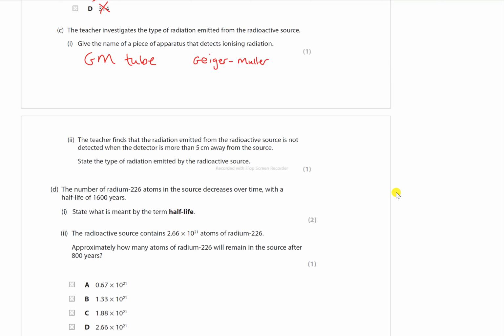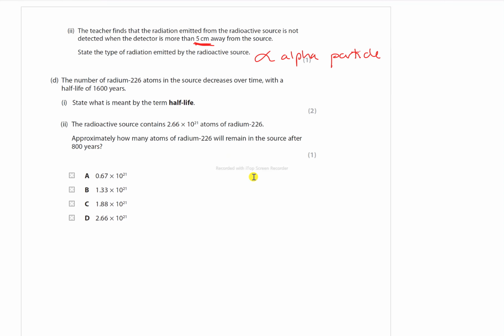Geiger-Müller tube. There you go. The teacher finds that the radiation emitted is not detected when the detector is more than 5 centimeters away. That means it's going to be an alpha particle because they don't travel far, but they are very ionizing.